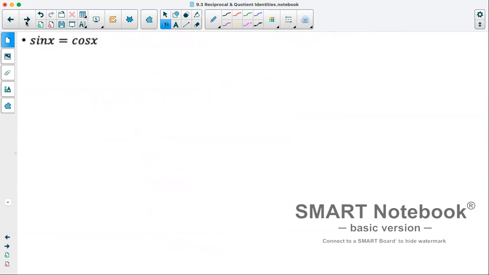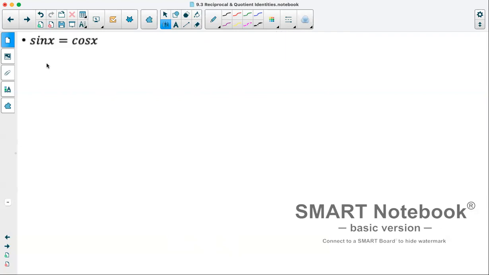Okay, so last example, we've got sine x equals cos x. And we're once again going from 0 to 2 pi. Now, there's a variety of things we could do. One is we could subtract sine x from both sides or cos x from both sides, but that doesn't match any of the identities we have.